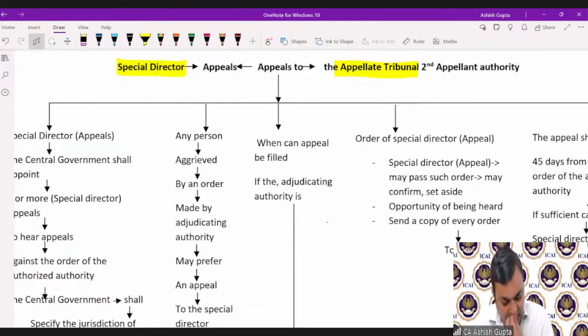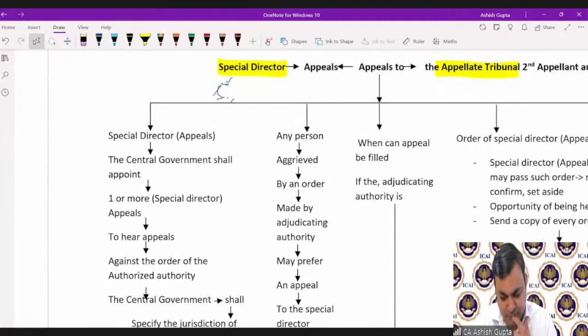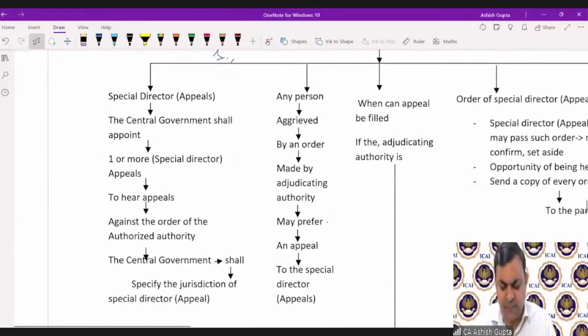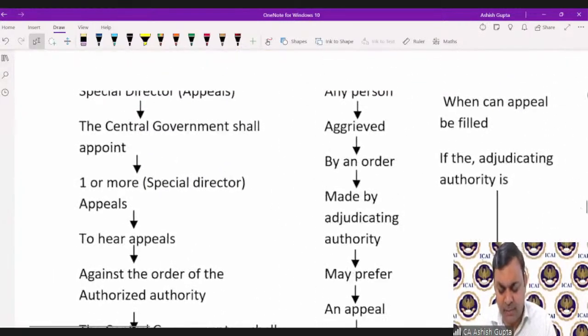Okay. Now, first appellate authority is Special Director Appeals. And that is very simple also, right? Okay, let's start. Special Director Appeals.